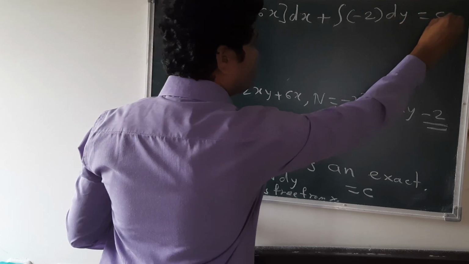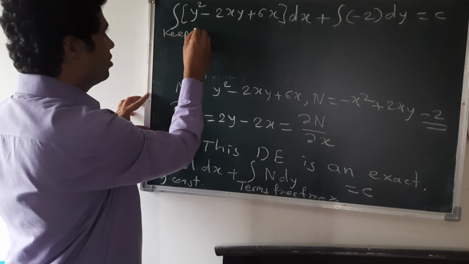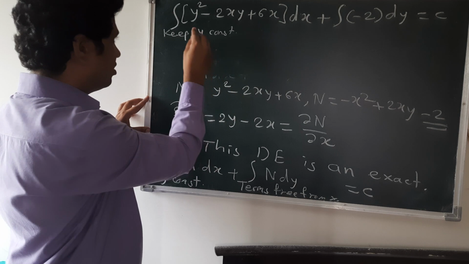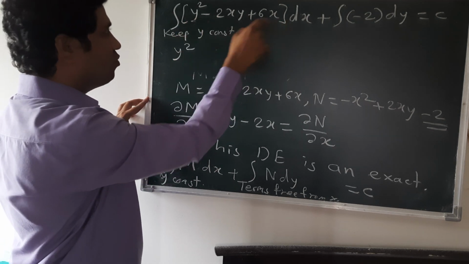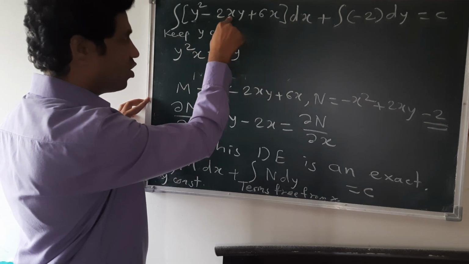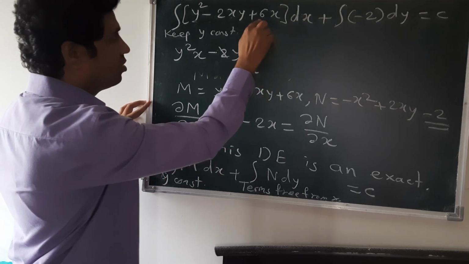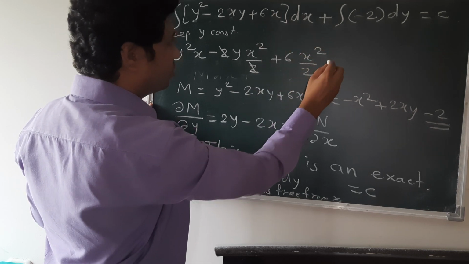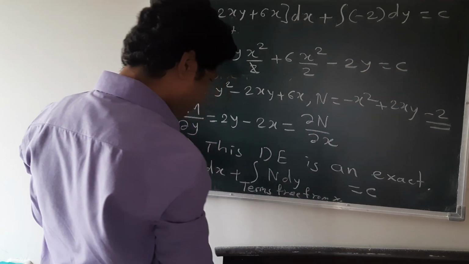dy equal to c. In the first integral we keep y constant, so that this is y² into integration of 1, so it is y²x, minus 2y integration of x is x²/2, plus 6 x²/2, and this is minus 2y equal to c.